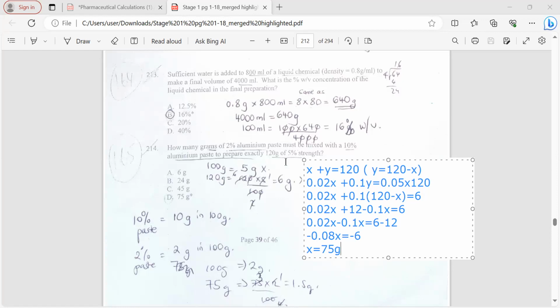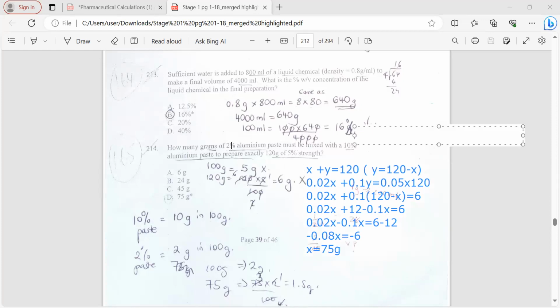Or we can do what Letting was saying. For 2%, we need x grams, so 2x, plus for 10, we need y. So we make 2x plus 10y equals 120 times 5.